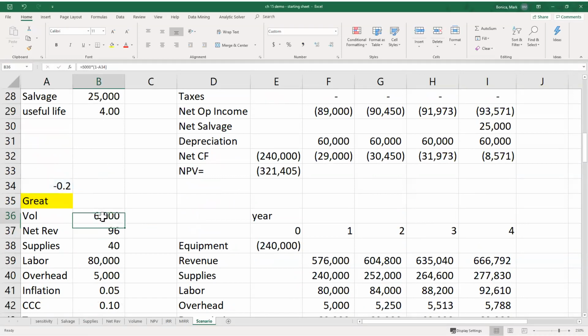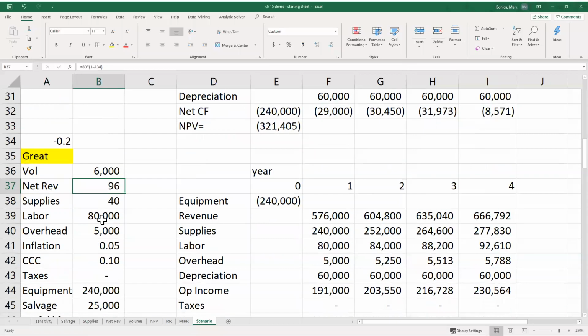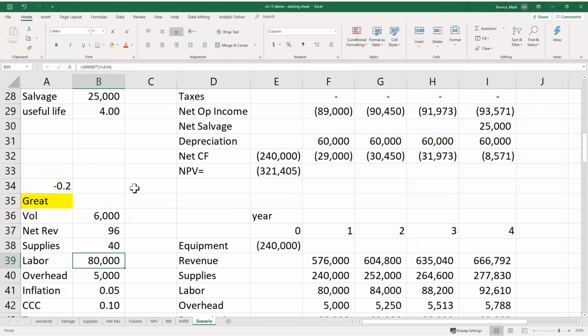So this is now 1 minus 0.2. My great scenario is I actually get 20% more volume instead of 20% less volume. My net revenue is up by 20% rather than down by 20%. My labor is actually lower by 20%. I'm just doing this as a convenience, and again, we're in an academic environment where we're just making stuff up.